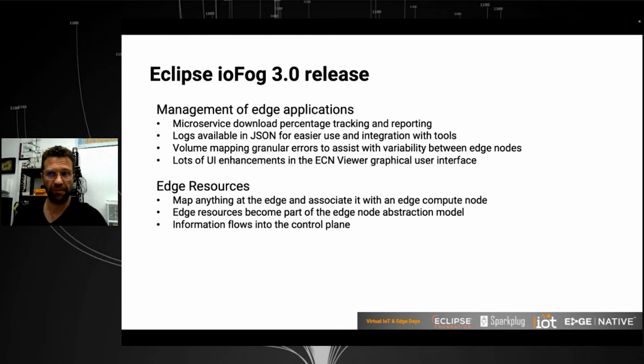When you map volumes now, we pass the granular errors all the way through the control plane, so that as an administrator, as an edge ops person, you can get insight into that without needing to go out to the edge node and look at what went wrong.